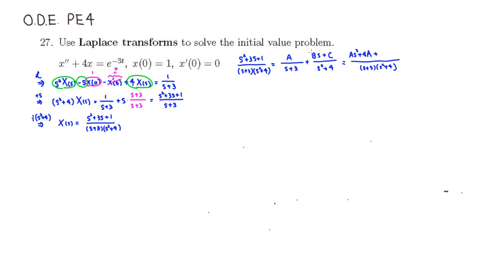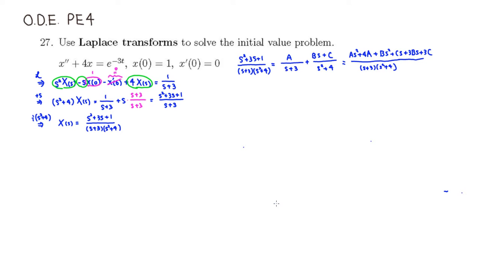So distributing s, you have bs squared plus cs, and distributing 3, you have 3bs plus 3c.